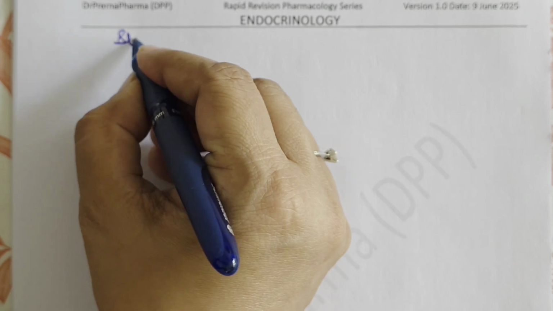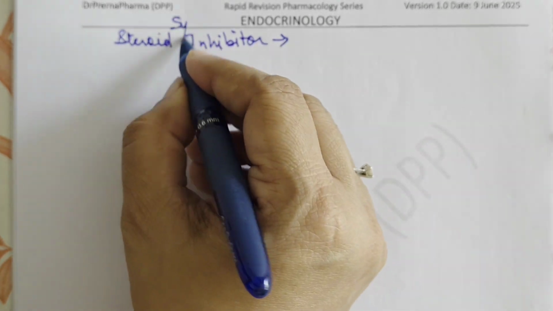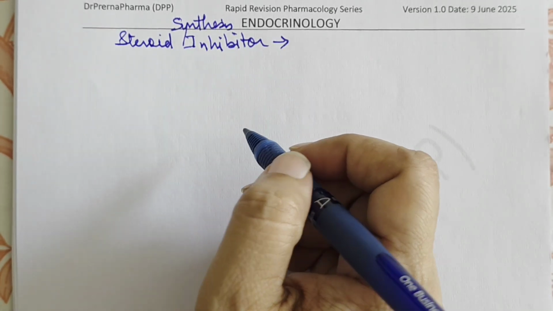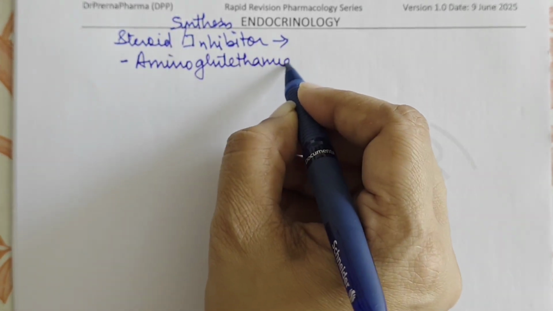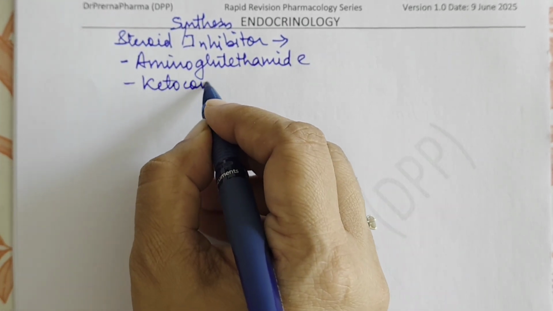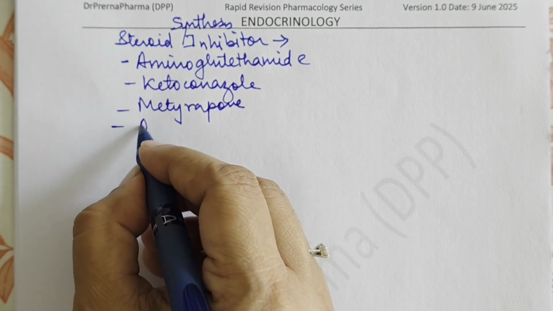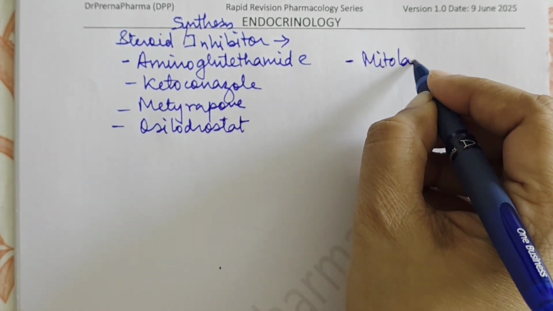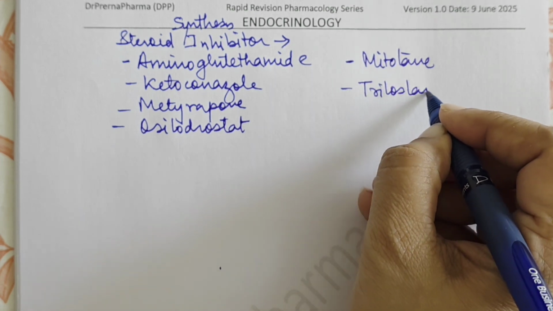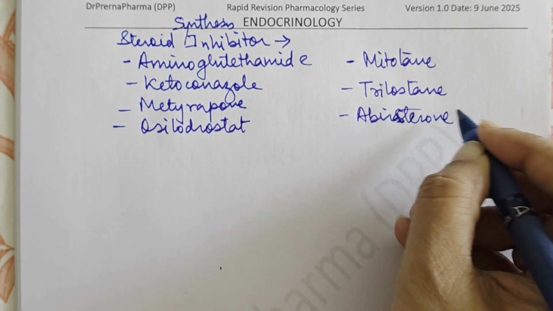Now let's see some drugs which are steroid inhibitors. In steroid synthesis inhibitors, the drugs which we usually study are aminoglutethimide, then ketoconazole, then metyrapone, then osilodrostat, then mitotane, trilostane, abiraterone, right?